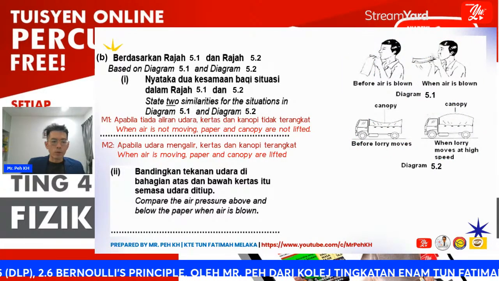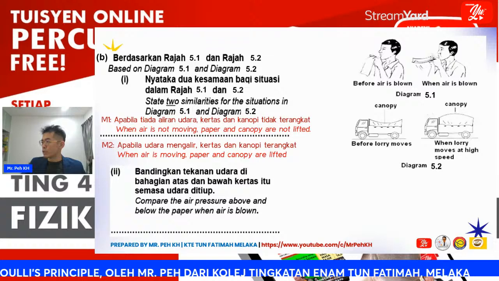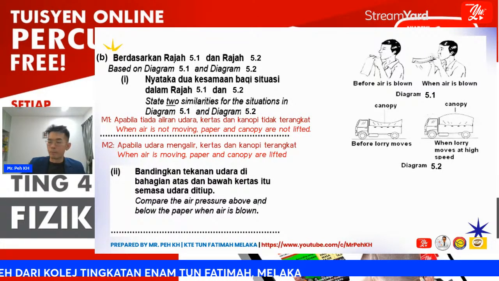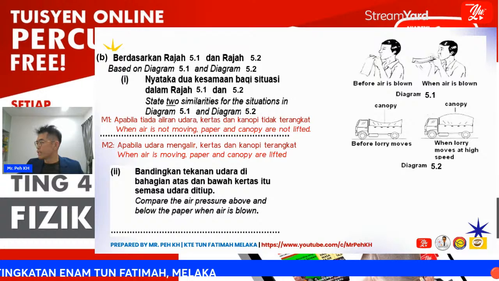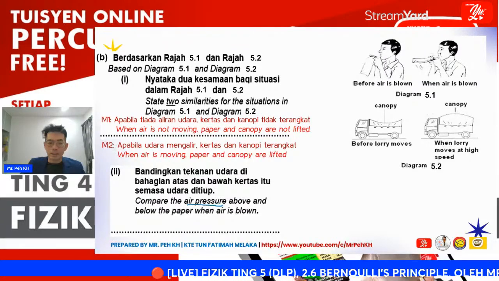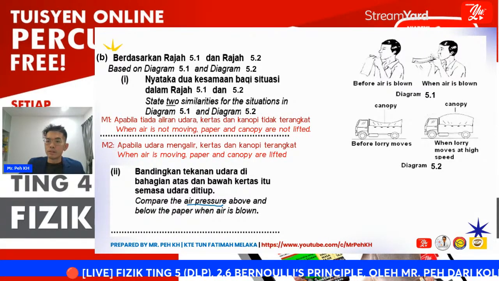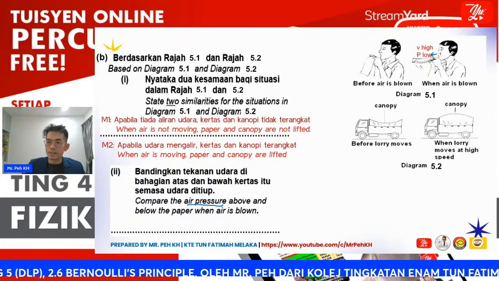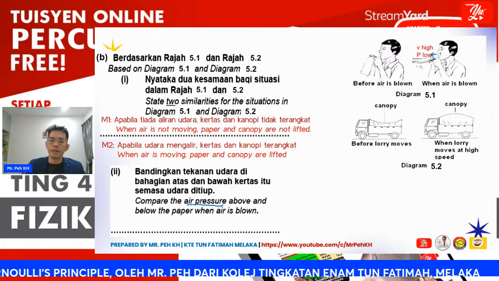For the second question, we compare the air pressure above and below the paper. Students, you may give your answer in the chat room, so we can discuss together. Again, for pressure we need to know the velocity. When blowing above the paper, the speed is higher, so the pressure is low.